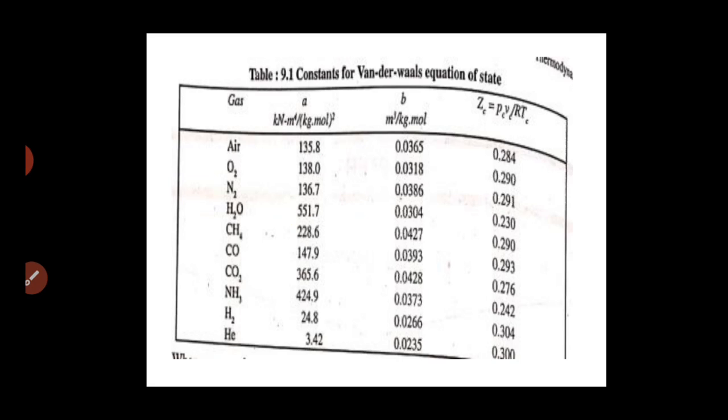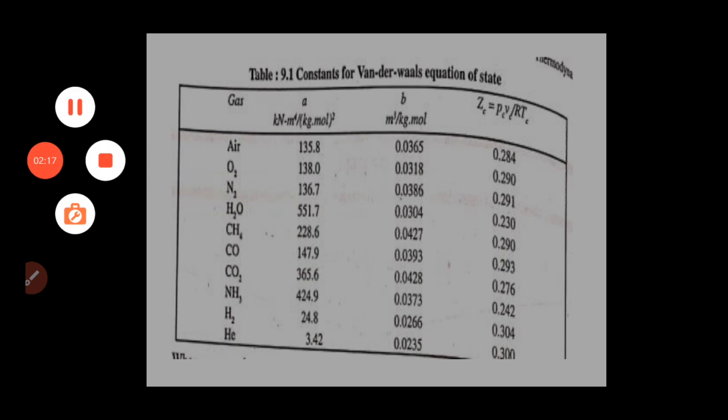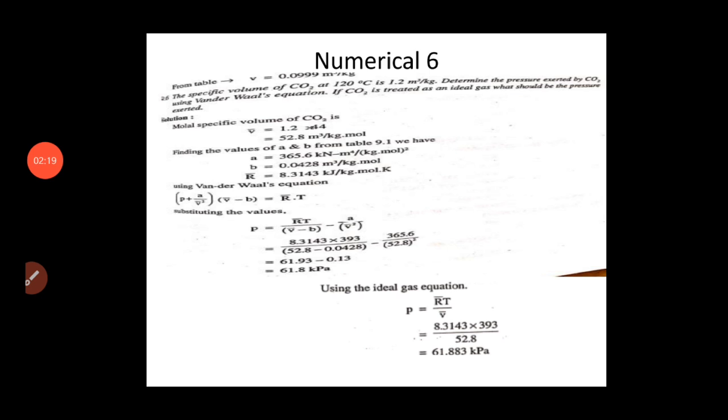You can see CO2 gas, the fourth row from the bottom. Small a is equal to 365. 365 days in a year, so you can remember it easily. And b is 0.0428. Here a is given as 365 kilonewton meter raised to 4 per kg mole square, and b is 0.0428 meter cube per kg mole.